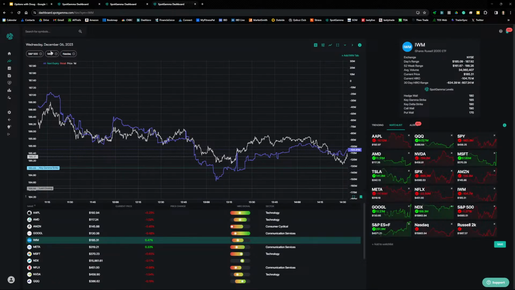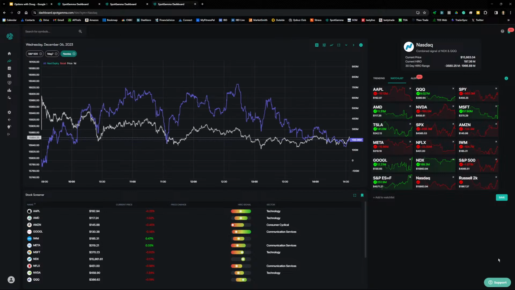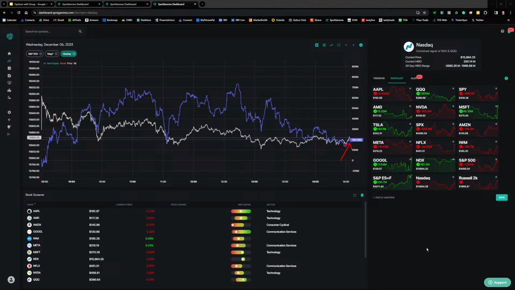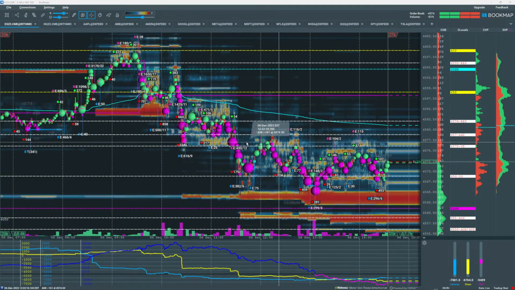Let's check the Mag 7. Still also negative for the day. Check the NASDAQ signal. Trending down, but still positive for the day. Let's go back to Bookmap. Remember, gamma notional is still positive.